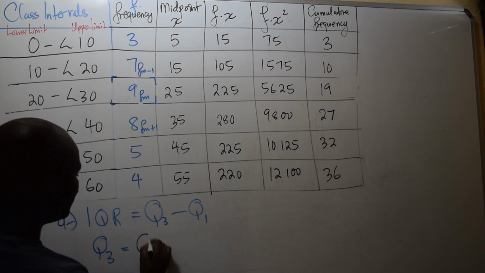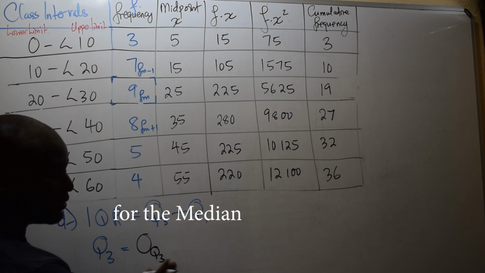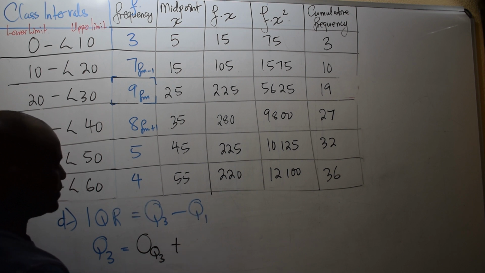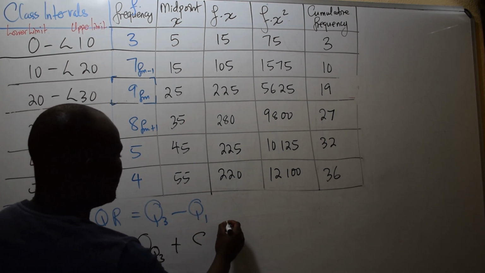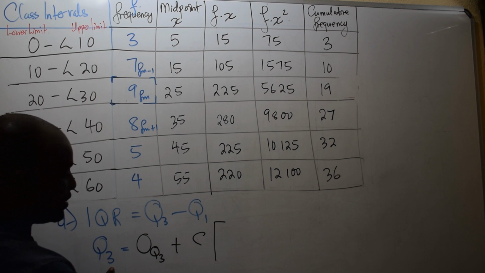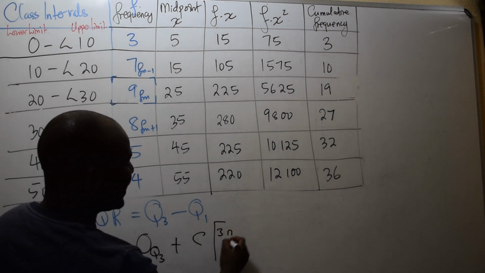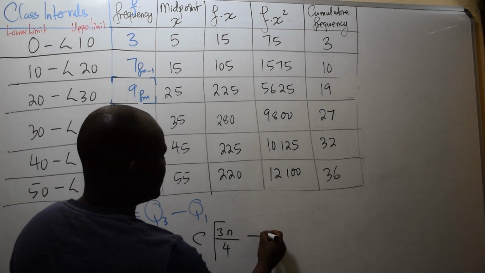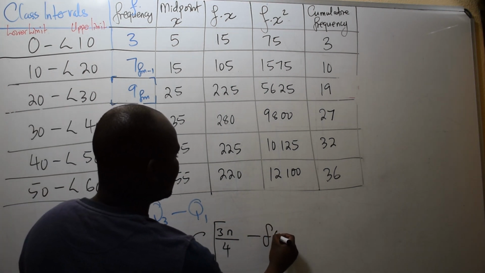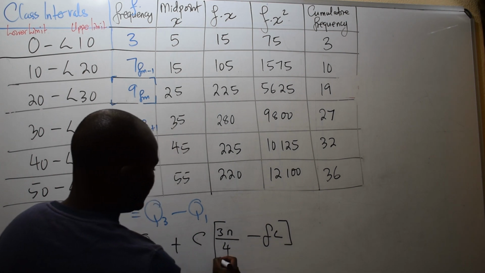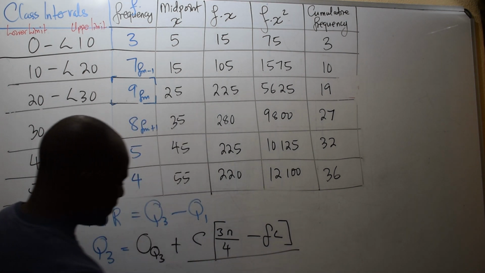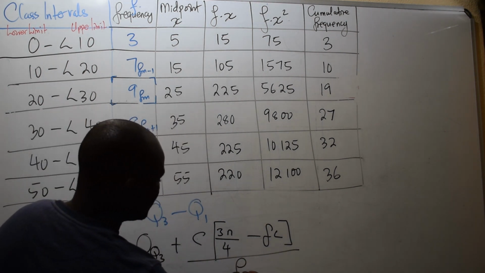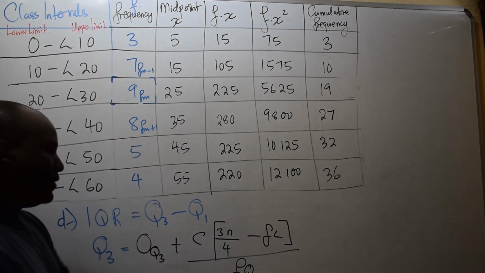So this is going to be L Q3, just like how we wrote for the mode, and then we're going to plus C in brackets, this is Q3, so this is 3 multiplied by N over 4, minus the cumulative frequency of the class that is before that, and we're going to divide this by the frequency of the Q3 interval.